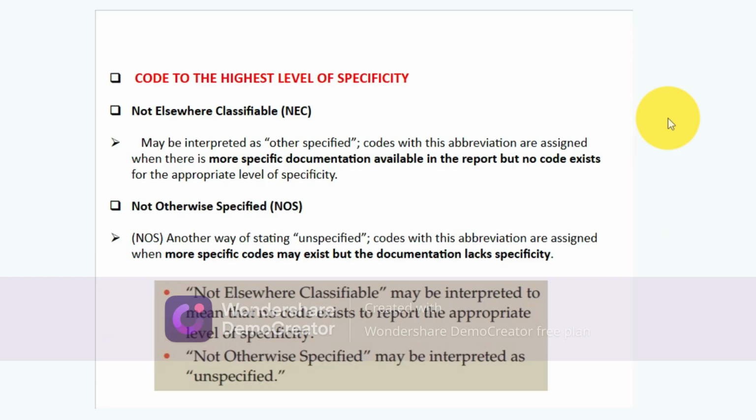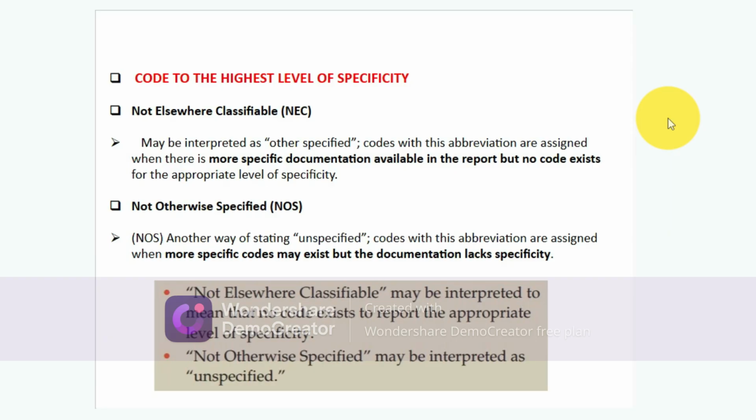It is another way to say unspecified. Codes with the NOS abbreviation are assigned when more specific codes may exist but the documentation lacks specificity. The documentation does not clearly mention which part or which problem, but codes are available. At that time we use NOS.